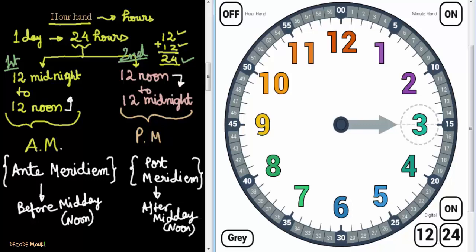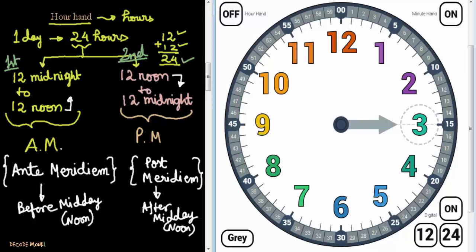As you keep practicing telling time, you will learn these things very fast, so you need not worry. What I have told over here is that the hour hand represents hours, and in one day we have 24 hours, which is further broken down into two 12 hours.